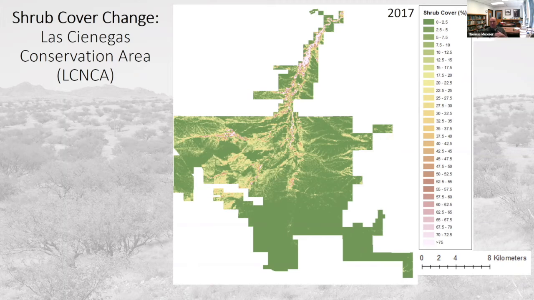Maybe those are places where more frequent prescribed fire or other strategies might be more successful, as opposed to the sandy soils where you're going to be fighting a battle forever. Yeah, if you wanted to put the resources in, you could probably keep it, but it's extremely expensive.